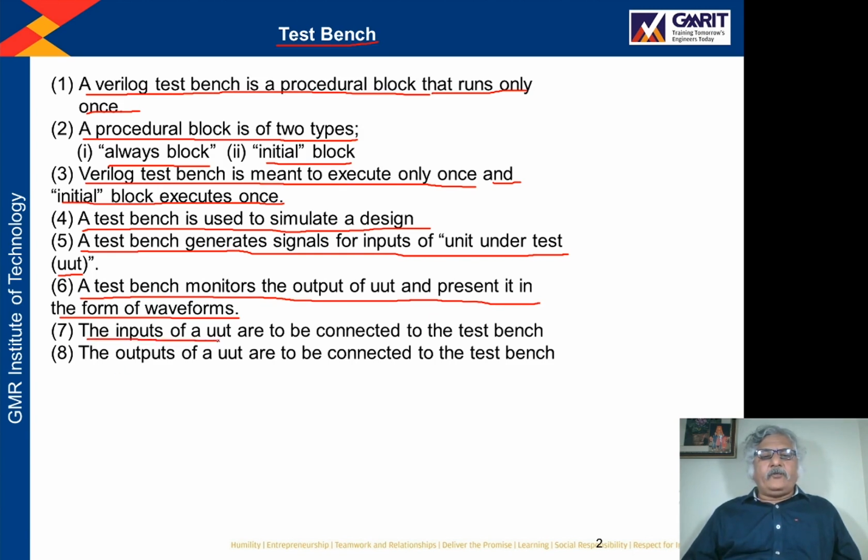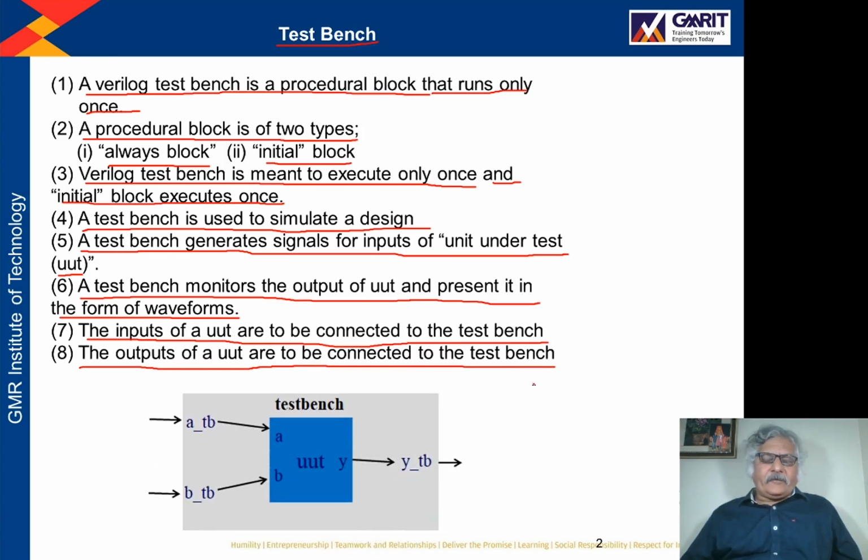The inputs to a UUT are to be connected to the test bench, and the outputs of the UUT are to be connected to the test bench. It will be like this. Suppose this is the unit under test.